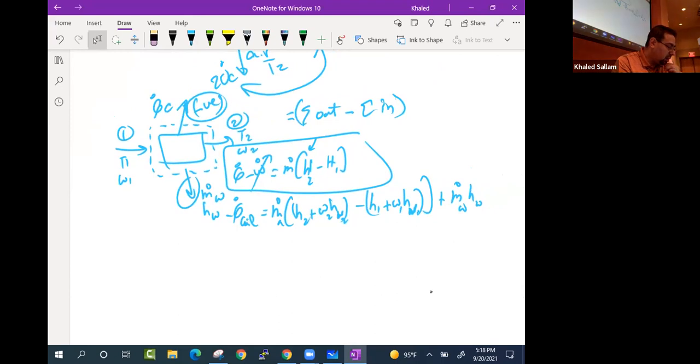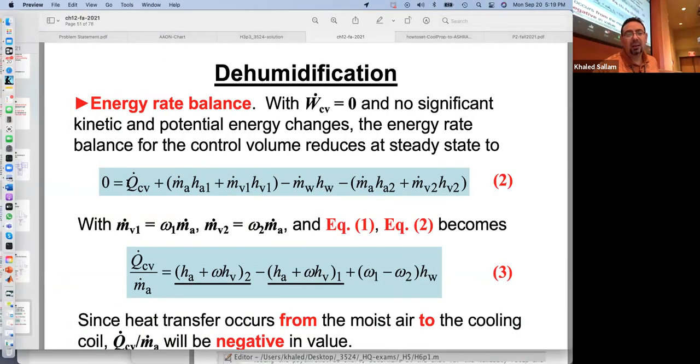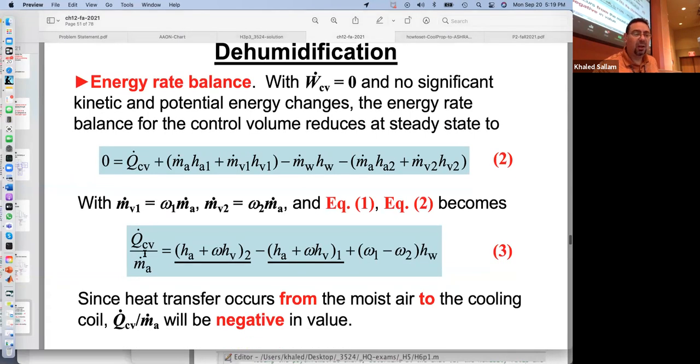Okay, so eventually this will turn exactly like this. Okay, we look at this. It's Q, and it's going to be plus now. And here are the two guys, out minus in.